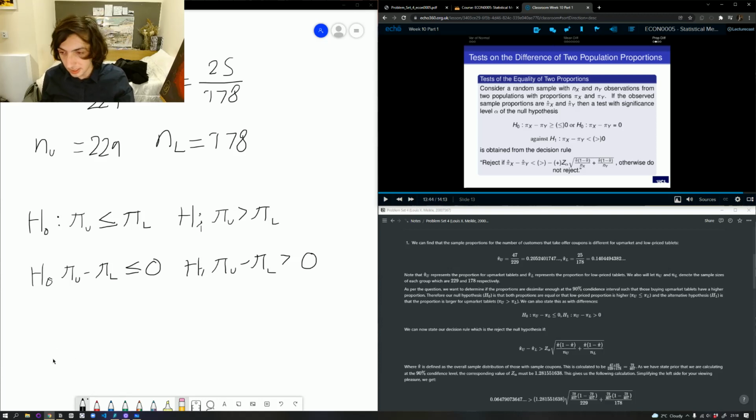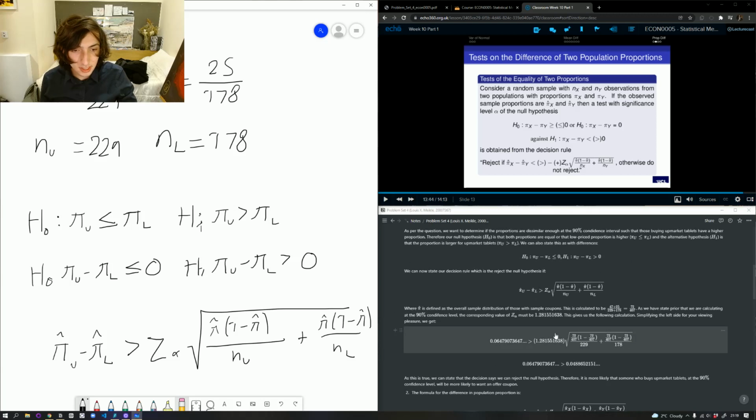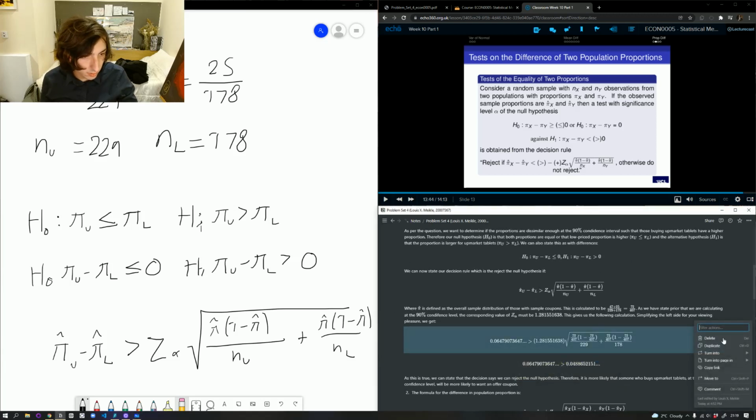So our formula is that if the sample means of x and y, which we're just going to use u and l, so the sample means there are going to be larger than the positive z alpha times the square root of pi hat over nu plus pi hat times 1 minus pi hat over nl, if that's true, then we can reject it. Now, inserting all those values, if you can see that, hold on, can I make that bigger?